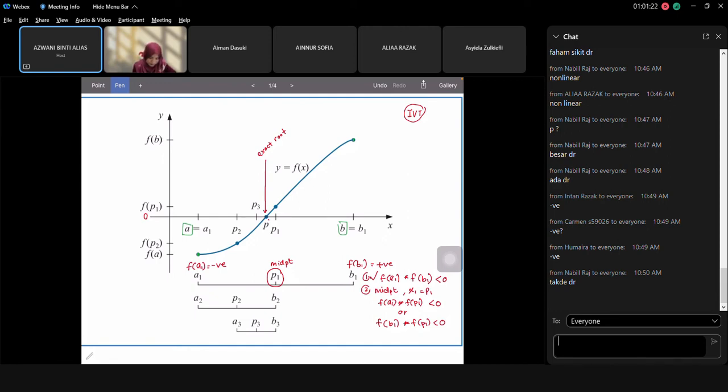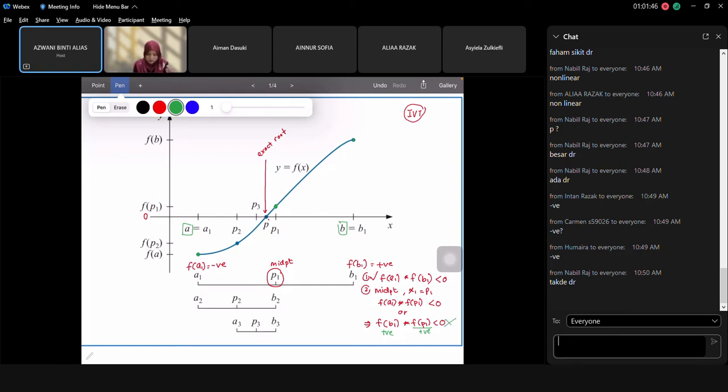Kita check yang ni dulu. FB1 is here. Alright, positif. FB1 adalah positif. FP1 kat sini. Positif kan? So FP1 positif.